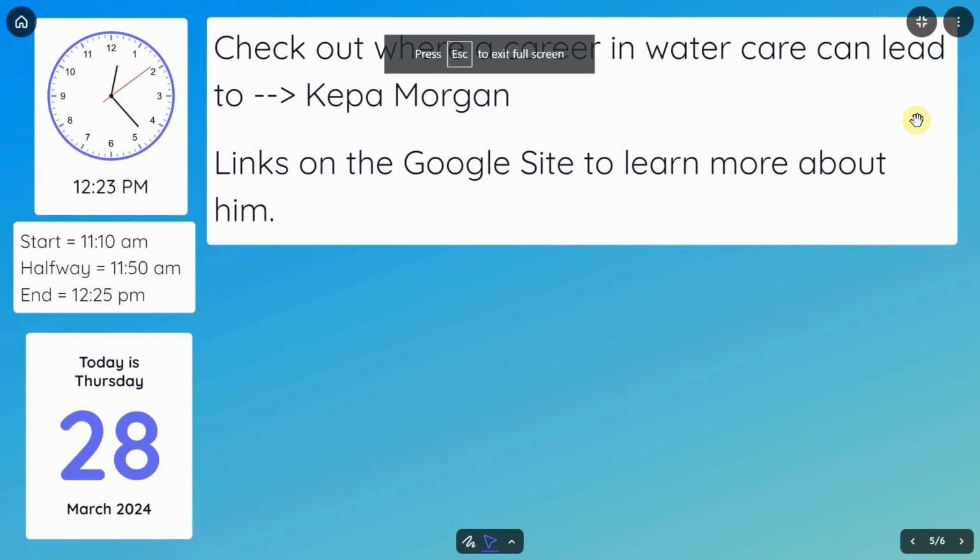What did we learn about Kepha Morgan when we looked him up? He's a civil engineer, so he's trained as an engineer. What else? He's been an engineer for a very, very long time. What is his area of interest? Mostly water.